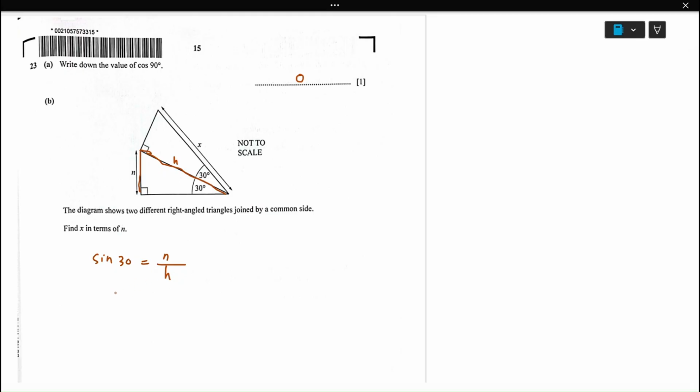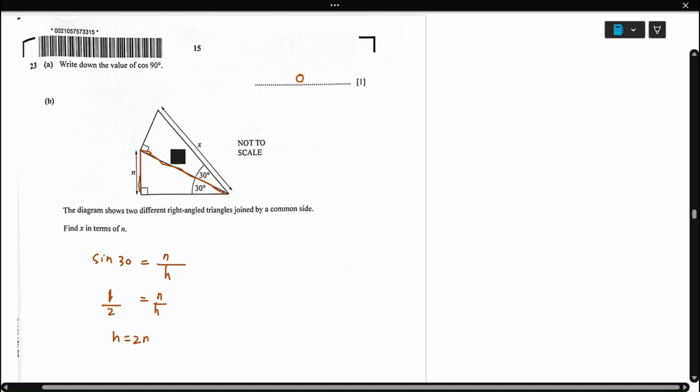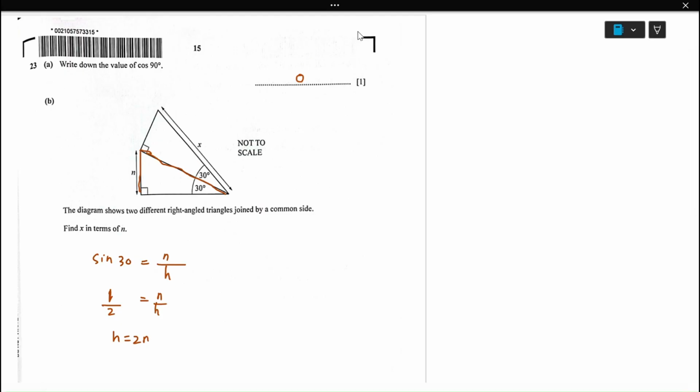So I need to find h. Here sine 30 is going to be 1 by 2. 1 by 2 equal to n over h. So h equal to 2n. So this value is going to be 2n.